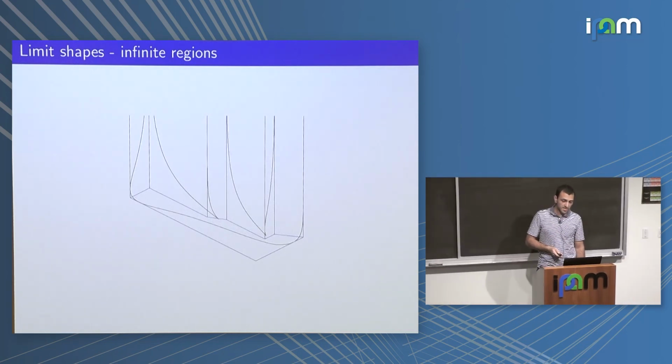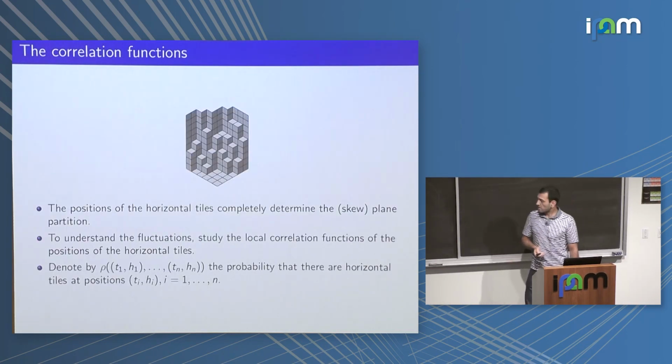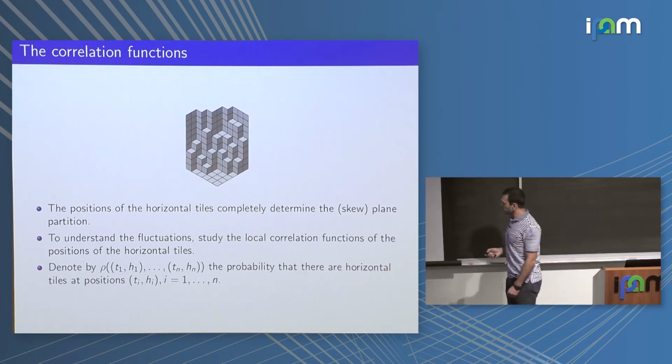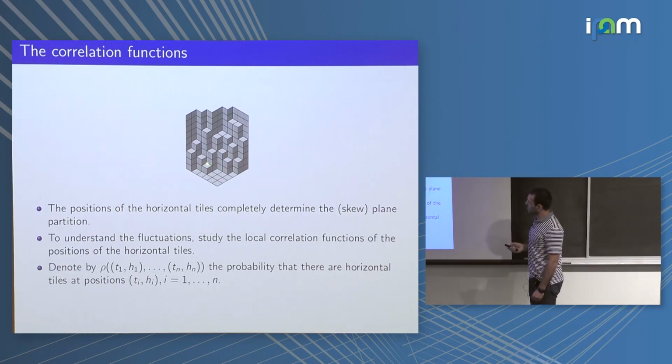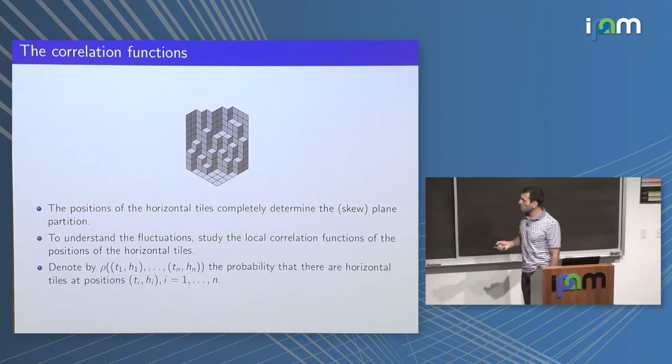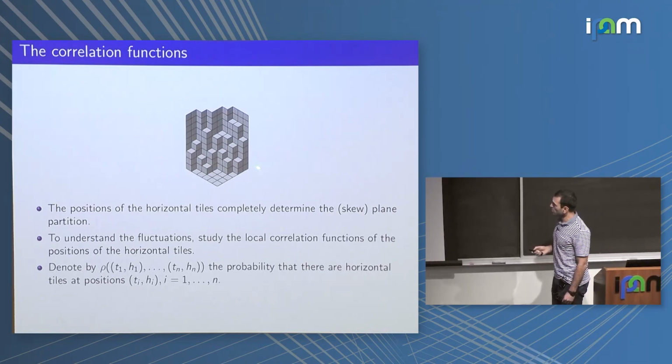To understand the randomness, one way to do that is to look at correlation functions. If you look at these configurations, it's not hard to see that if you know where the horizontal tiles are, then you know the whole configuration. So to describe randomness, you can just describe what's happening to the horizontal tiles.